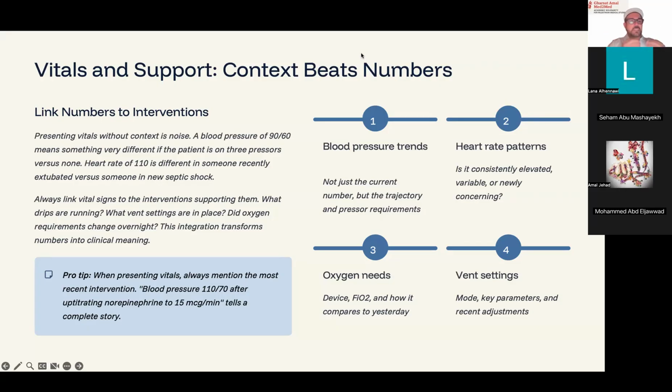So the context, okay? So when presenting vitals, always mention what is the most recent intervention. For example, the nurse calls me and says, my patient is not doing well, they're breathing with difficulty. Well, I can't take action until I see what happened.